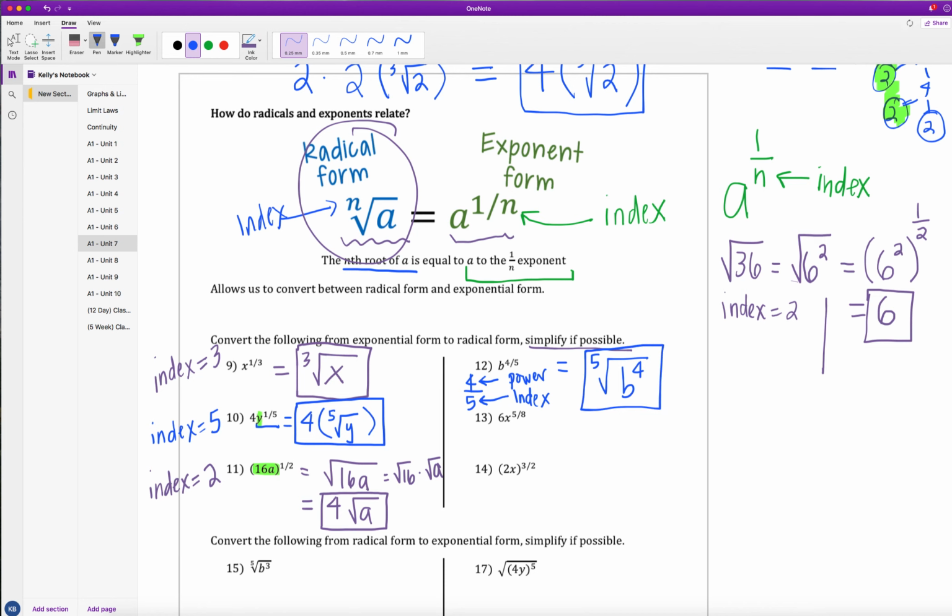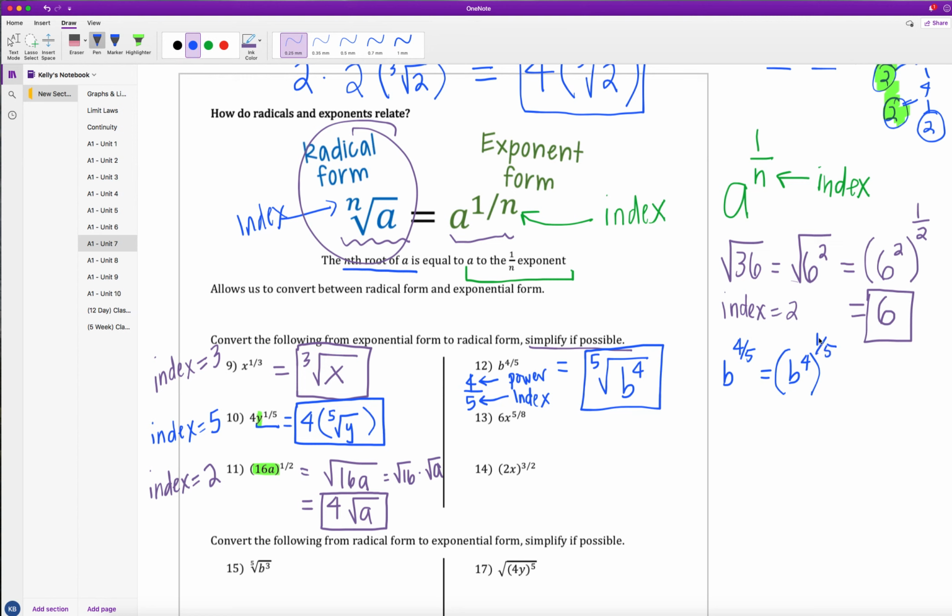Another way to think about this 4 over 5 is, let's rewrite this. So I have b to the 4/5. Well, I could break this apart as b to the 4th, all to the 1/5 power. Let me erase that line so that we have space. So b to the 4th all to the 1/5 power.